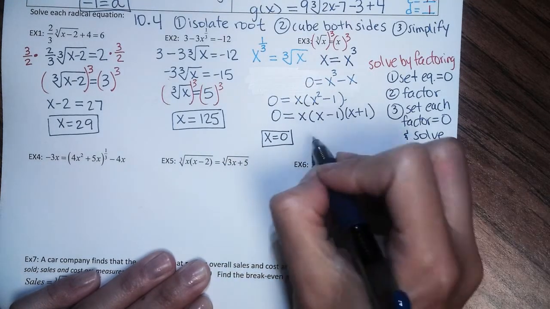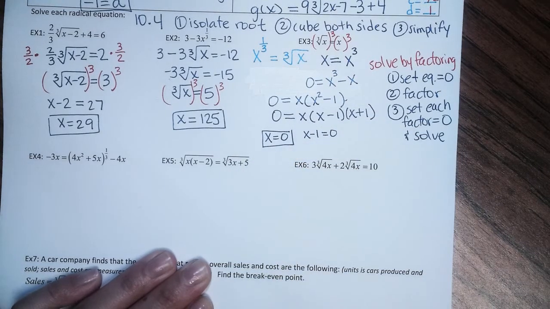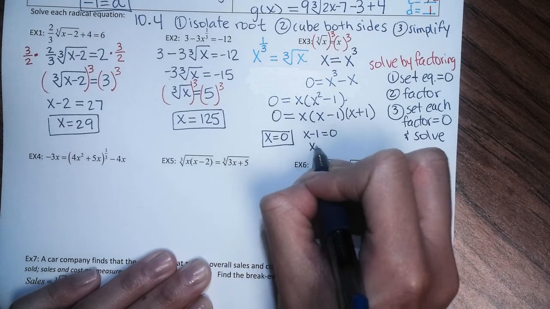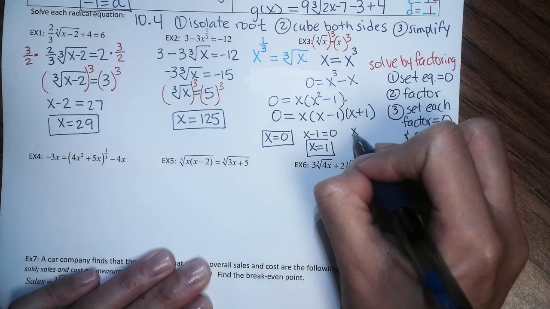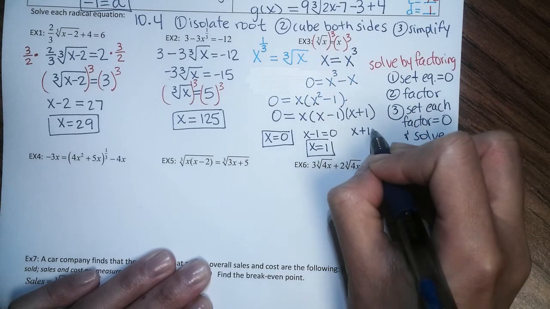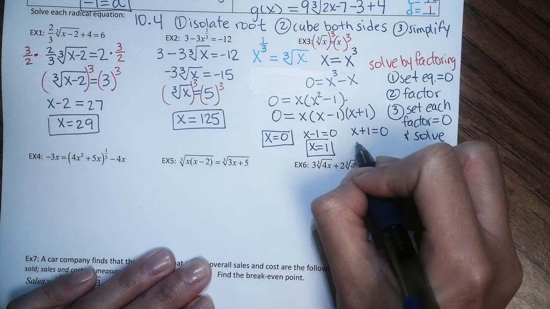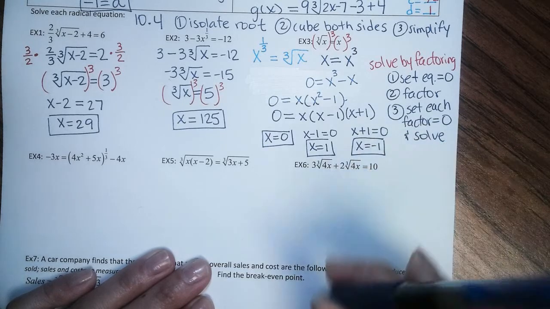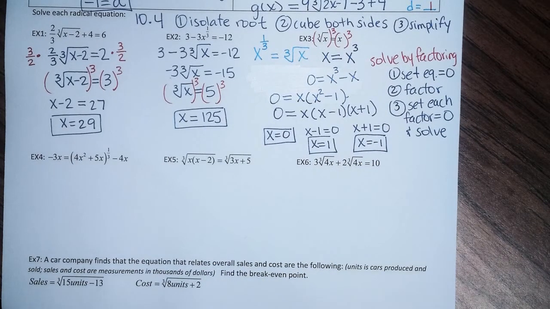My next factor is x minus 1, so let's set it equal to 0 and solve by doing plus 1. Finally, my last factor is x plus 1. Set it equal to 0 and solve, so x equals negative 1. Let's see if you understood what I just said and try example 3 by yourself. I'm going to pause for questions.